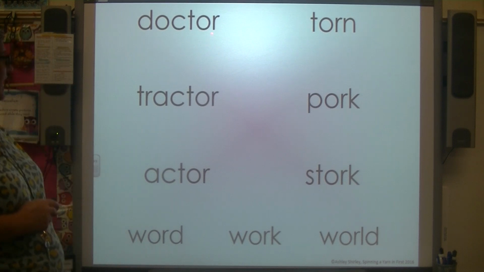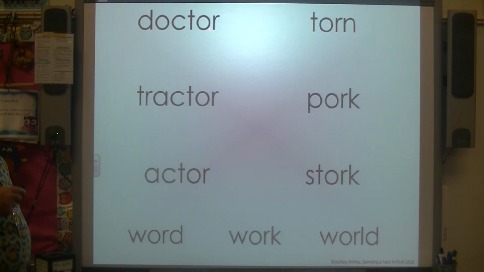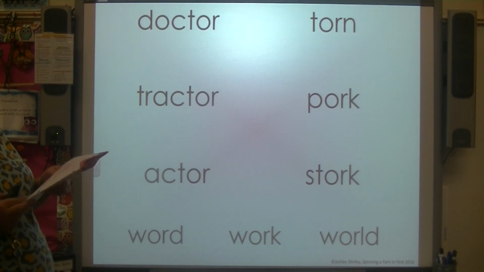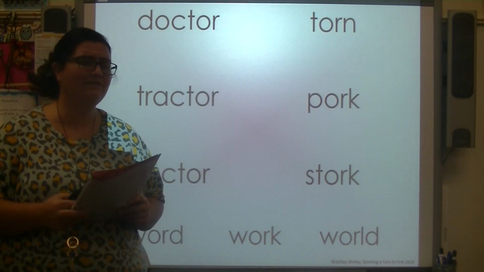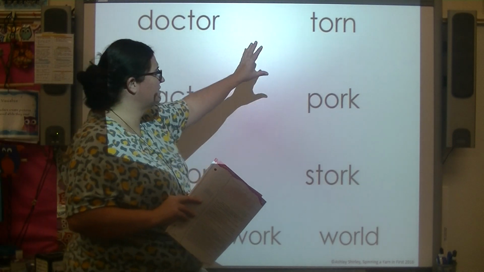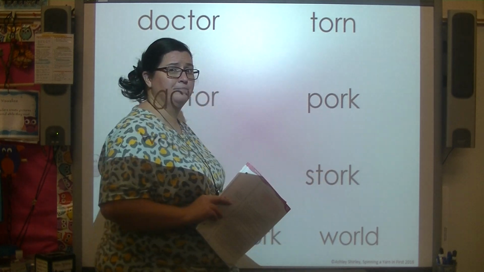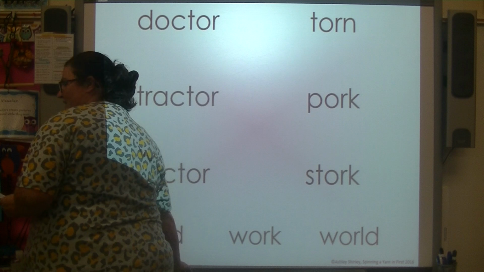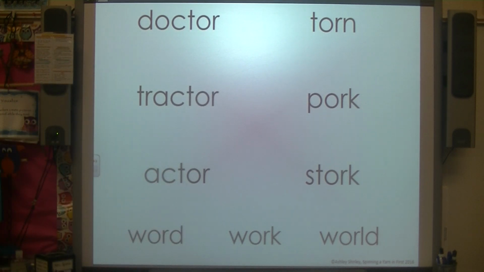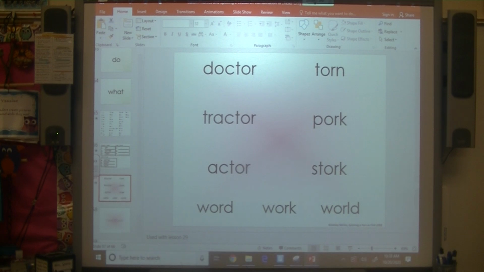But today I hear doctor, tractor, actor. Did you guys see a pattern? A difference between these words and these words? Let's go to our coding page and see if we can figure out the difference between the two sets of words.